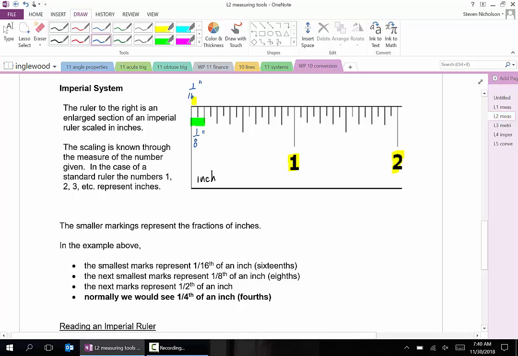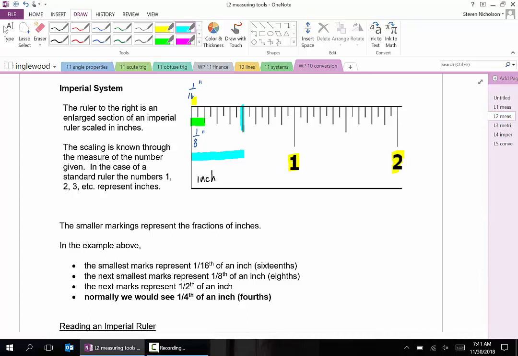Now, as it says in boldface a little below, normally you'd see a line a little bit bigger than that, and it would represent a quarter. And on this one, it doesn't, so we won't talk about it. But finally, you have this one right here. So I'm just going to draw it underneath. So the biggest graduation is right there. And what you would probably guess is that is a 1/2 an inch.